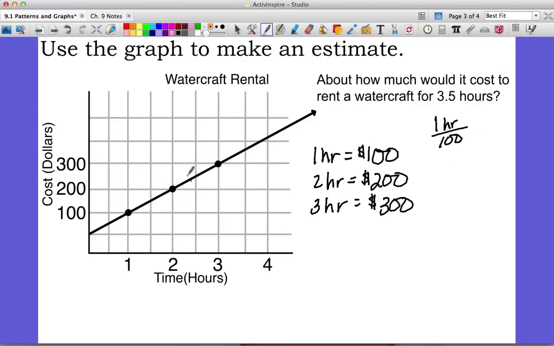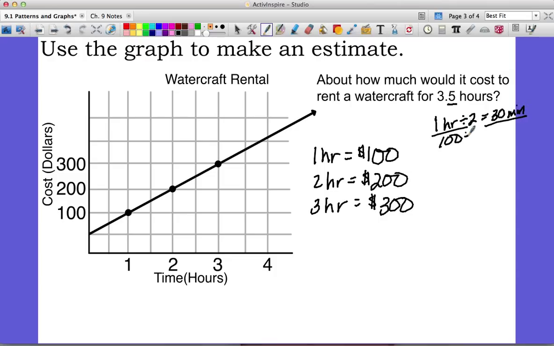So now I want to figure out if I'm going to have it for 3.5 hours, how much would that be? Well, since I'm going to have it for an extra 30 minutes, I'm using half the time, so I should probably figure out what half of that cost is going to be. So if 1 hour means I have to pay $100, I'm going to take that hour and split it in half. And I know that gives me 30 minutes. So there's my half hour.